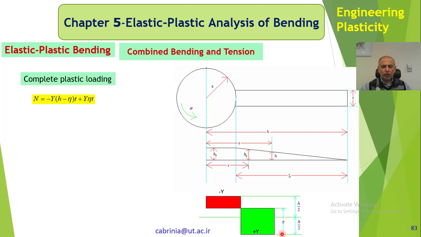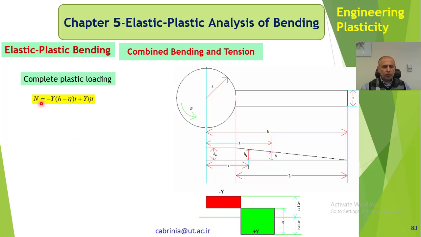So eta is the distance of neutral axis to this axis, and from the middle line we have h over 2 and h over 2, okay, for a section like that.